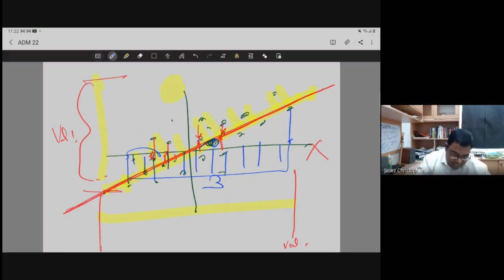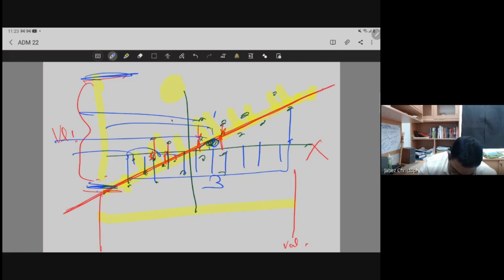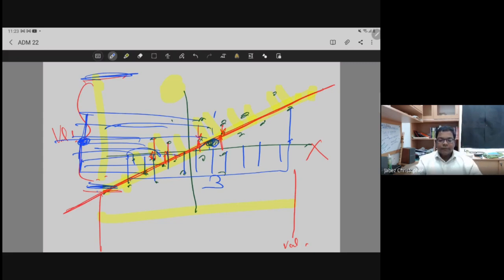If I'm going to project along the y-axis, again the variance of these points from the mean along the y-axis, this is the mean along the y-axis, yes? So along the y-axis, it doesn't produce much of a difference. The variance will be the same.